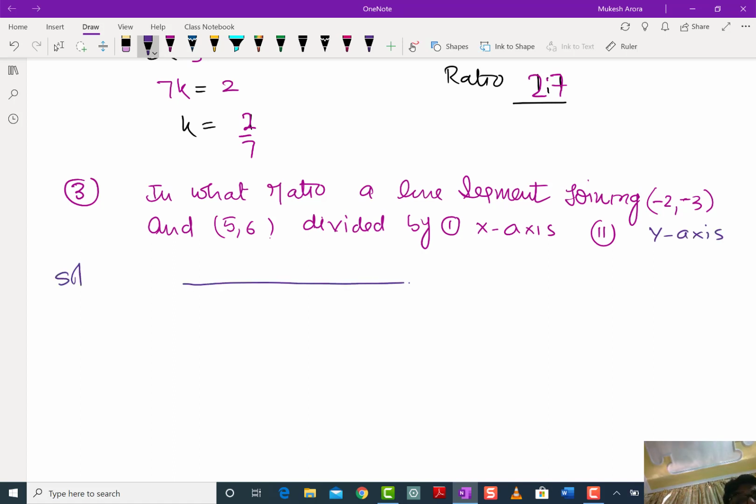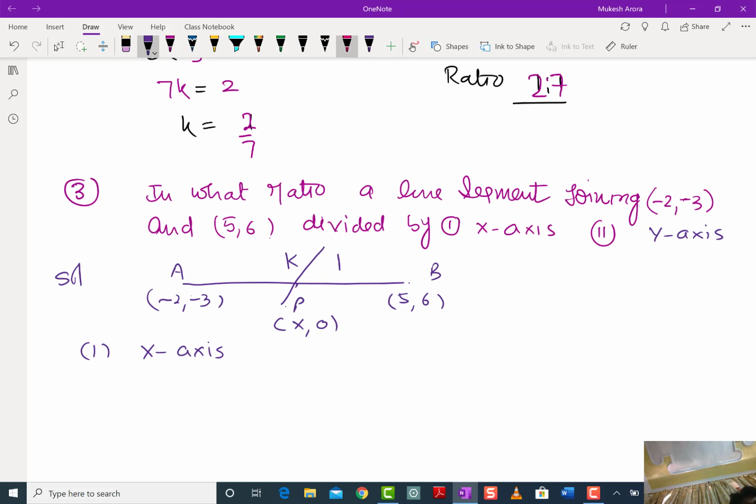In the first, this is -2, -3 and 5 and 6. AB is divided by P on the x-axis. When we do x-axis, x has some value, y will be 0. So ratio will be k ratio 1.